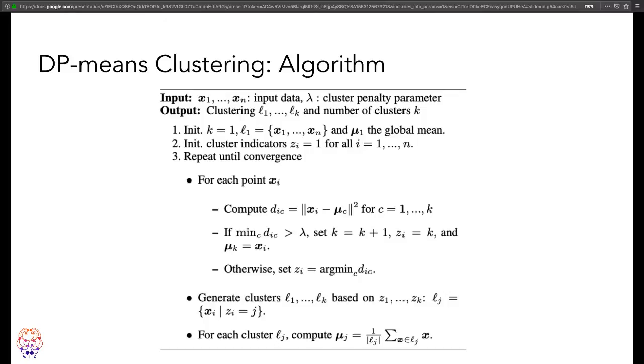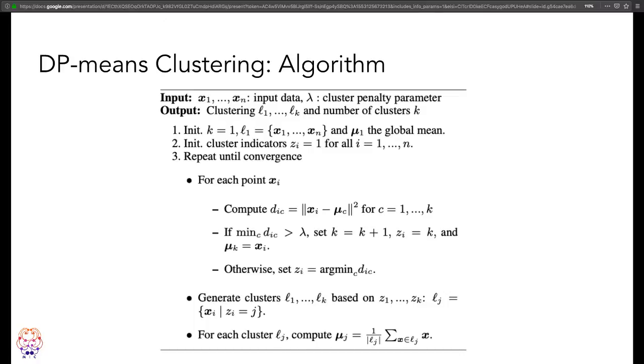So when we go to implement DP-means, it's very similar to k-means in the implementation. We initialize k equals 1, so we're starting off with one big cluster, all your data points are in it, and the mean is the global mean, meaning the mean of all the data. Initializing cluster indicators is basically when we do hard clustering.